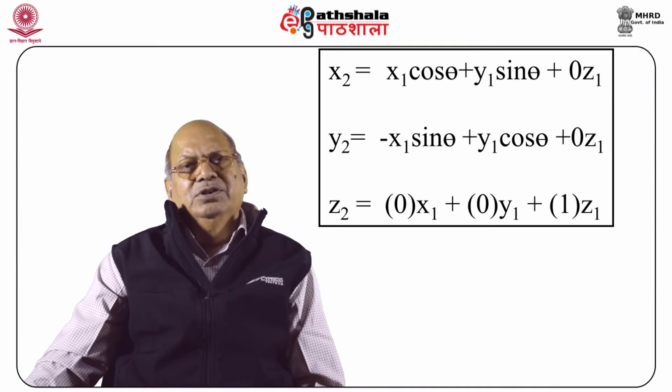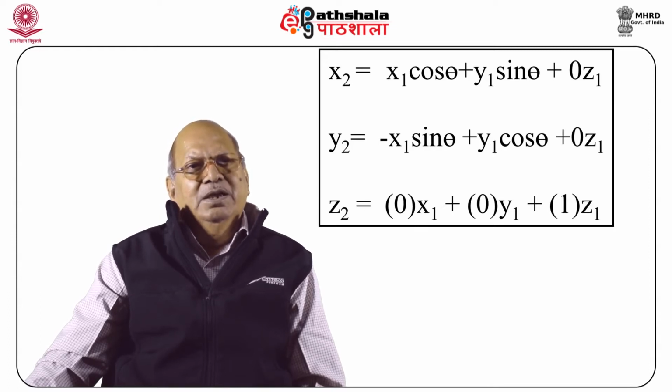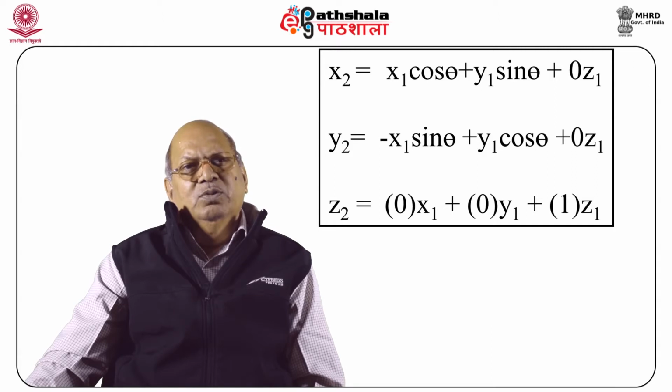Therefore, the equation relating x1, y1, z1 and x2, y2, z2 can be written down like this. x2 is equal to x1 cos theta plus y1 sin theta plus 0 z1, y2 is equal to minus x1 sin theta plus y1 cos theta plus 0 z1, z2 is equal to 0 x1 plus 0 y1 plus 1 z1.